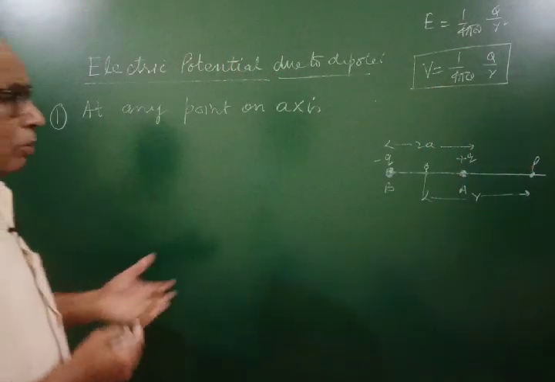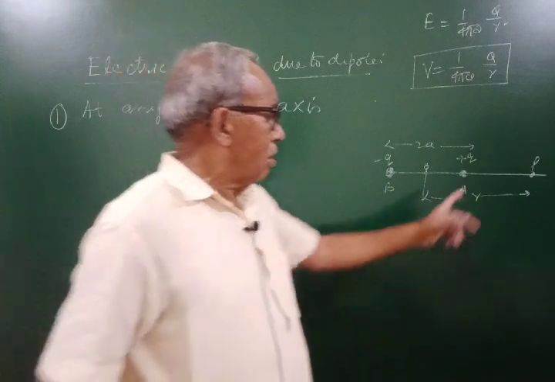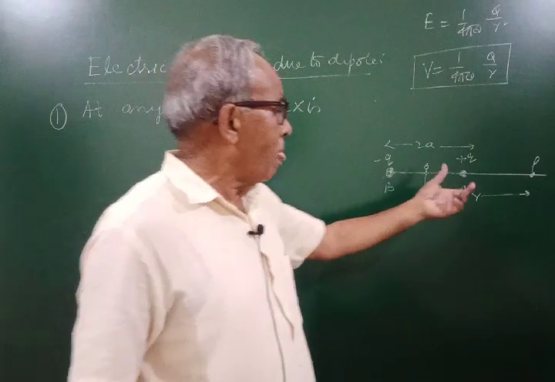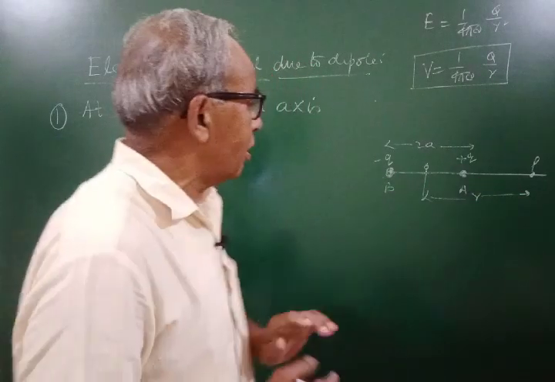So in the figure, you can describe easily: plus q charge and minus q charge form a dipole separated by distance 2a, and P is any point at distance r.